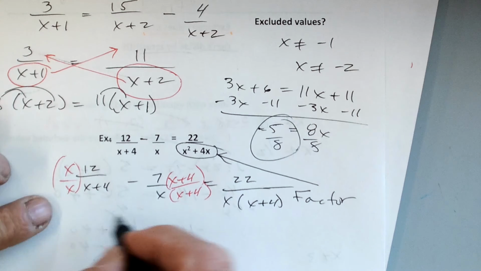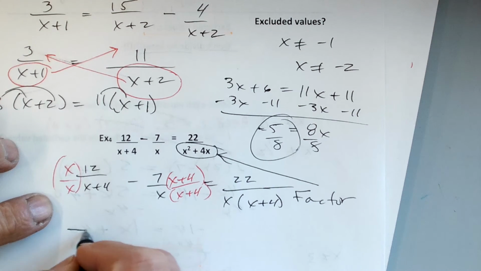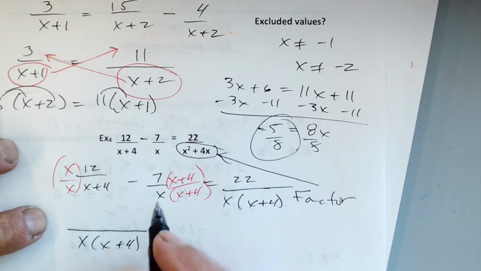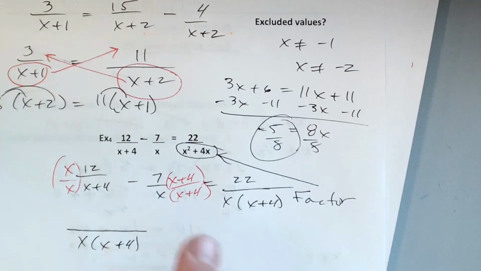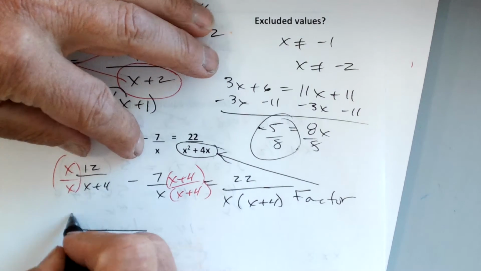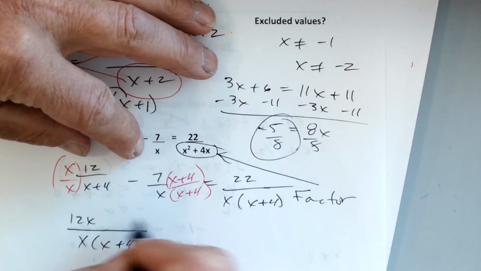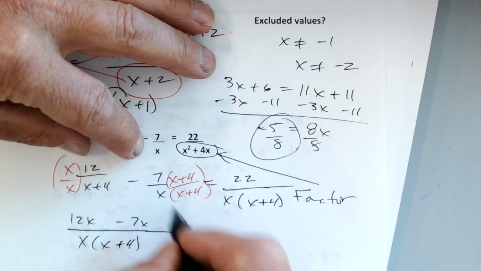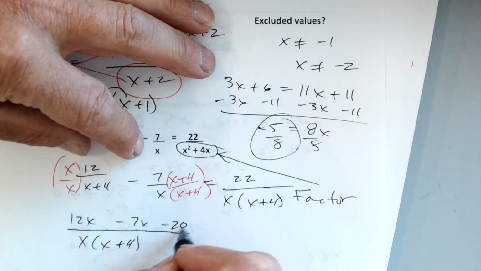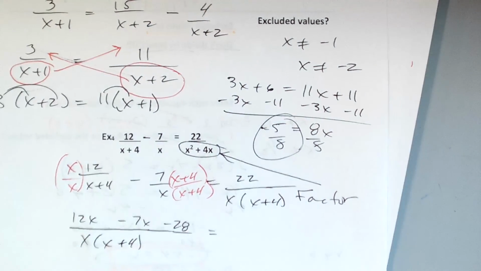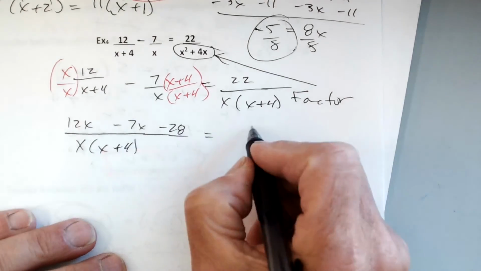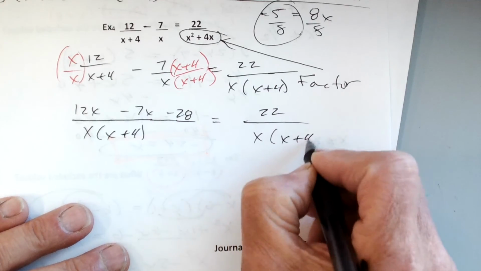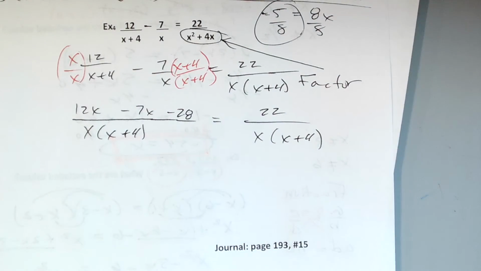These two then have x times x plus 4 as the common denominator. But then the numerator is going to be 12x minus 7x minus 28, okay? And then that's going to equal just 22 over x times x plus 4. Okay, that's a bigger problem, huh?